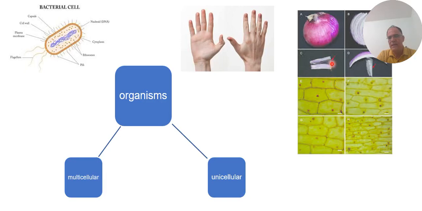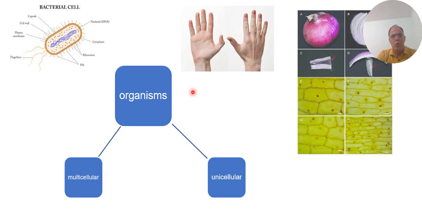You took a small piece of the epidermis of an onion, put it under a microscope, and saw it. Finally, if you remember, at the end of the experiment, you drew the shape of the cells, the same as these cells.